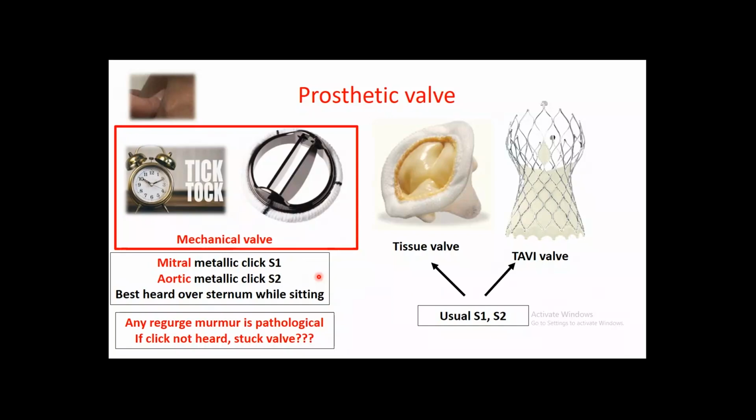If this stenotic murmur, like an ejection murmur over an aortic mechanical prosthesis, is associated with a thrill or transmitted to the neck, this means it is pathological. This is not a flow murmur. This is a pathological one and should be better evaluated with further investigation like echocardiography.